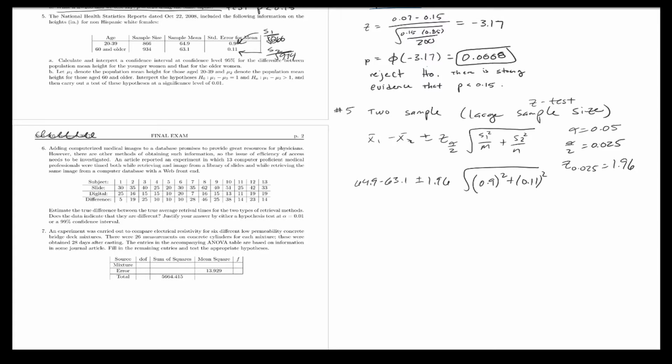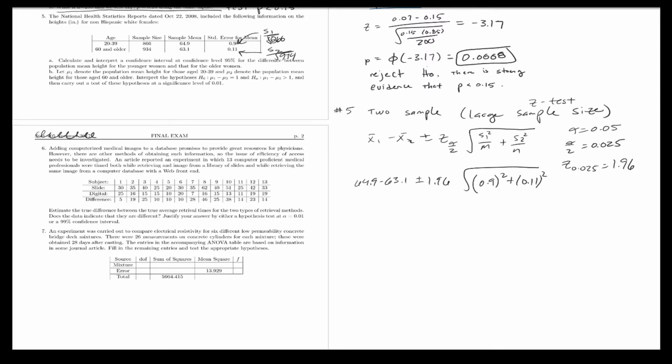So the square root of 0.9 squared plus 0.11 squared, times 1.96. And so we're adding and subtracting 1.77. So 64.9 minus 63.1 plus the answer.